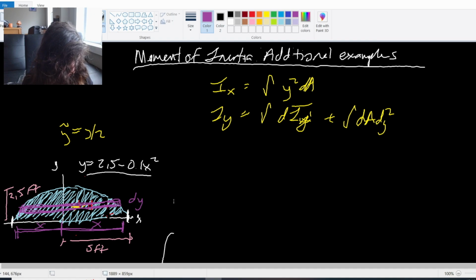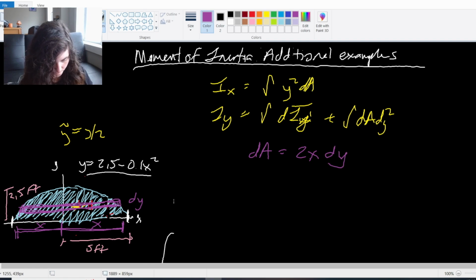This distance is also x. So now for us, our dA in this case is going to be 2x, for each side of the y-axis that this is on, times dy. So that's our dA term.